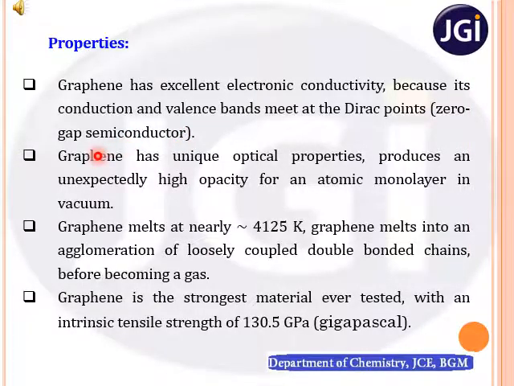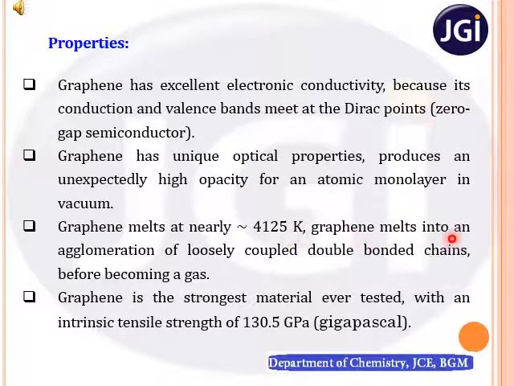The second property of graphene is that it has unique optical properties, producing an unexpectedly high opacity for an atomic monolayer in vacuum. It means it reduces the transparency or becomes opaque for an atomic monolayer in vacuum. This is also one of the properties of graphene. The third property is that graphene possesses high thermal stability, that is, it melts at nearly about 4125 Kelvin.